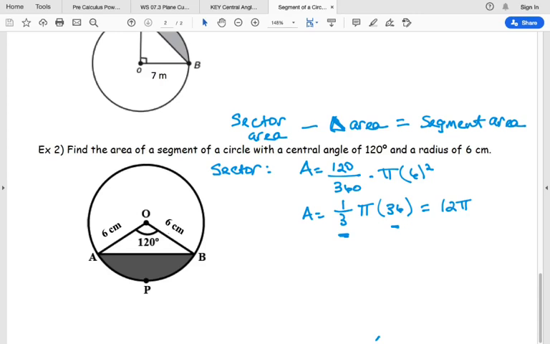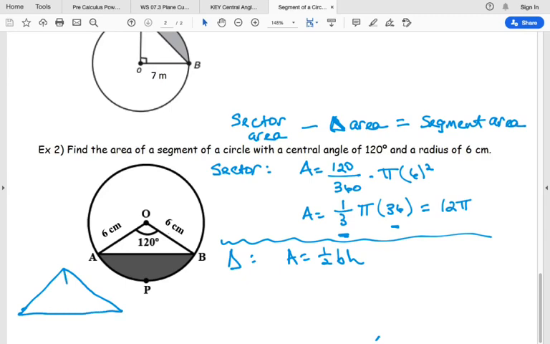All right, now that we have the sector area, we're going to find the triangle area. So that's 1/2 base times height, but remember your base and height have to be perpendicular. So we've got a bit of a problem with that because we don't have a right angle.